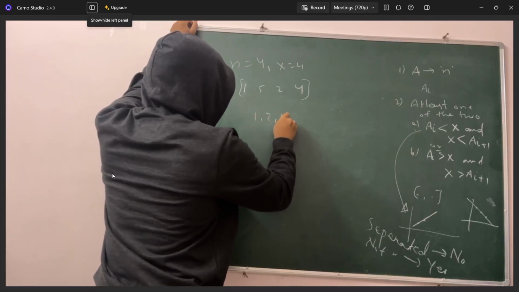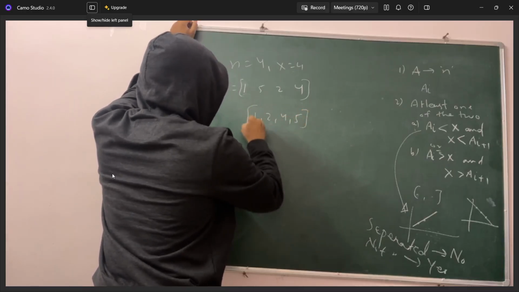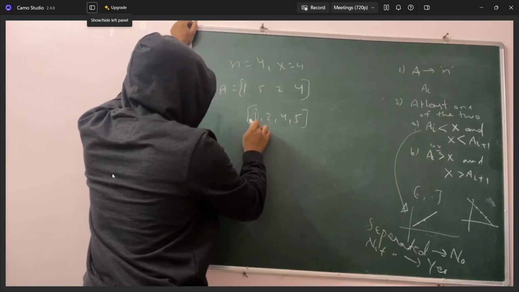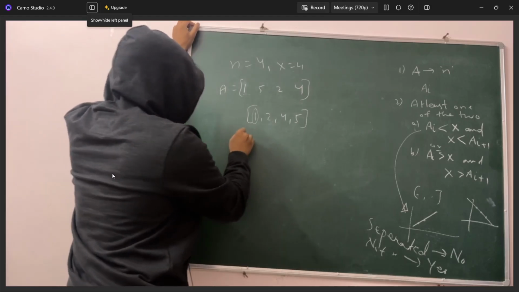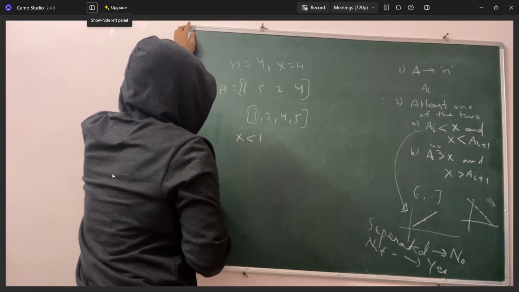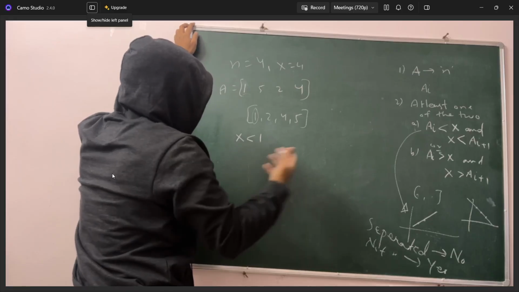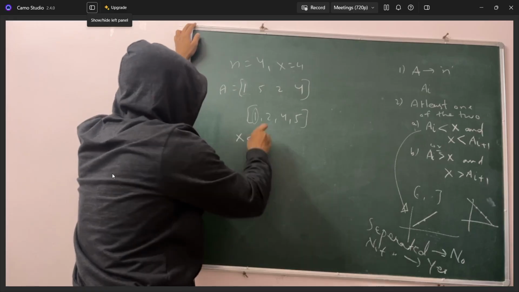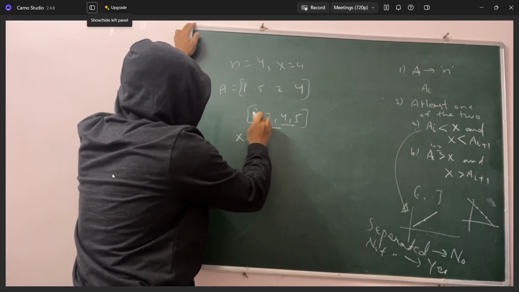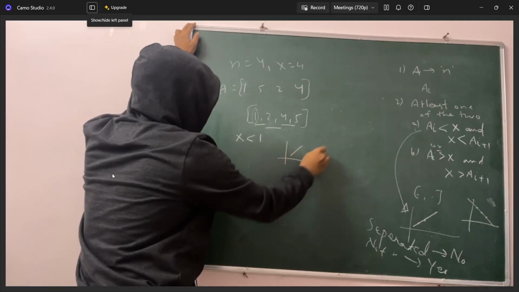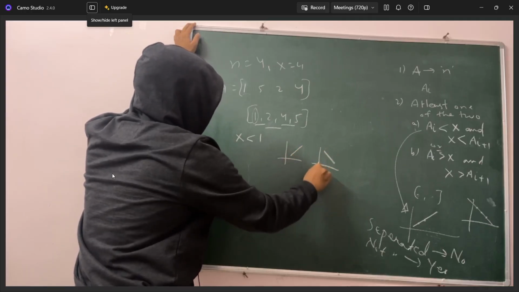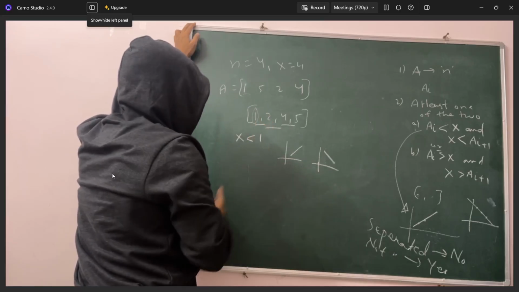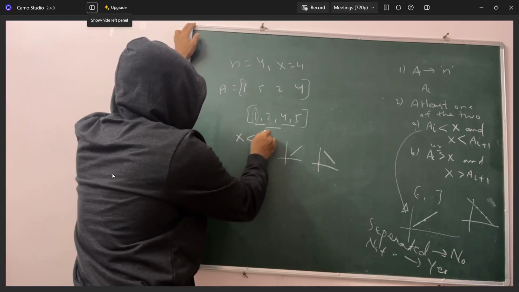When you sort this array, if your x is lesser than the smallest element, if x is lesser than 1, so in that case, what would be your answer? It is not separated, right? Because no matter which adjacent elements you take, your x will not hold these two graphs, right? So if it is not satisfying, then it is not separated. Okay, this we have got as one observation.